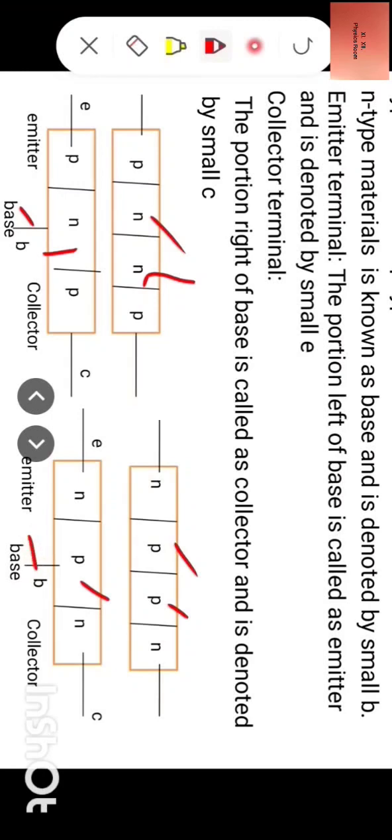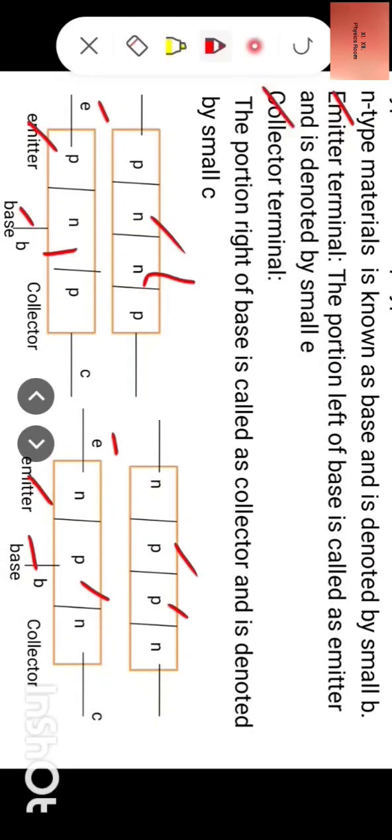And now the emitter terminal. The portion left of the base is called the emitter and is denoted by small e. Third, collector terminal.